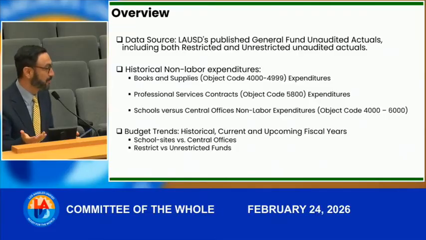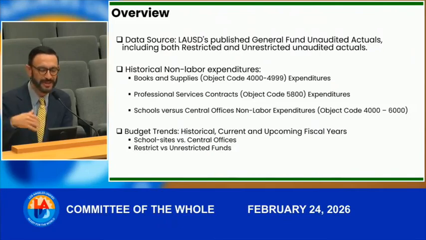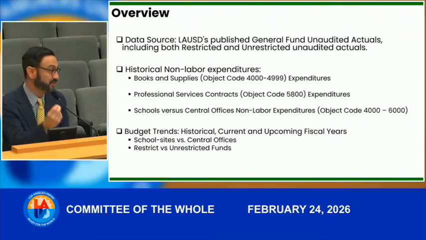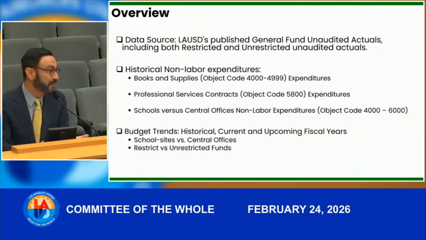Everything else is non-labor, and that includes what are called books and supplies. In our budget book, and also in the first interim report and the second interim report, basically all of our financial reports are reported based on the requirements of the state. The big category of books and supplies includes, of course, books and supplies themselves, but it also includes instructional materials, really physical things that schools, primarily, need.